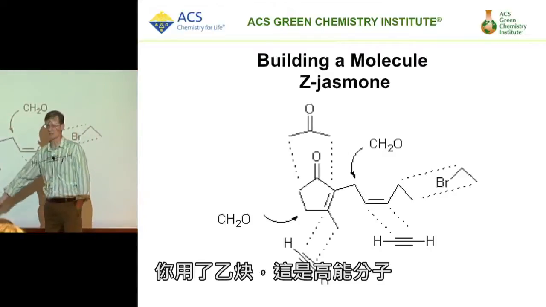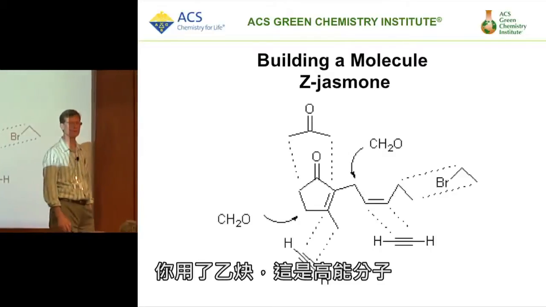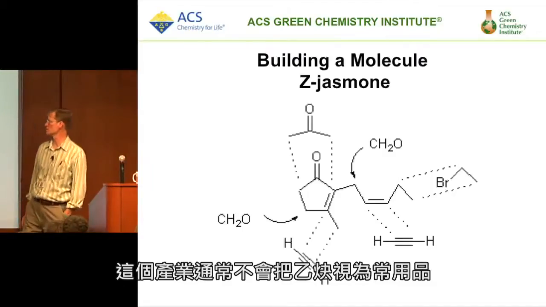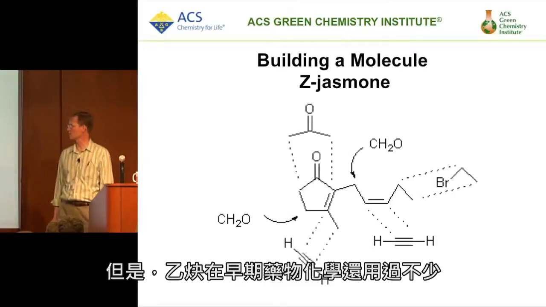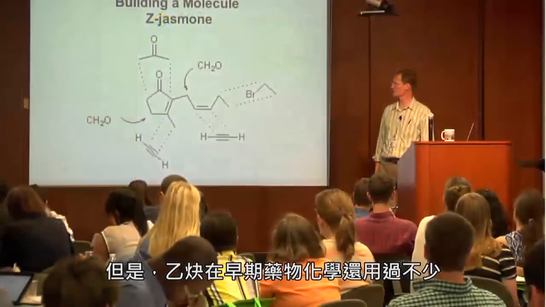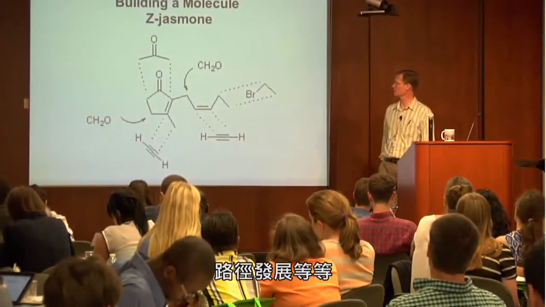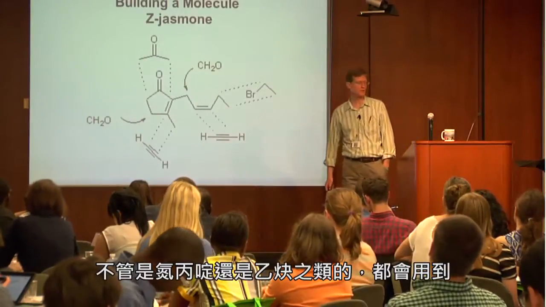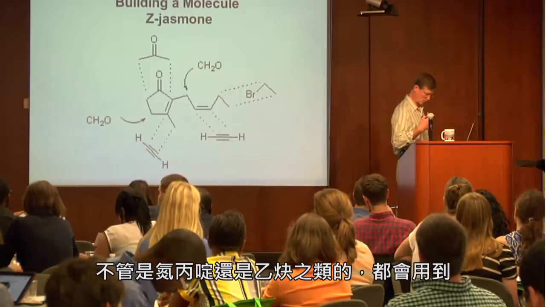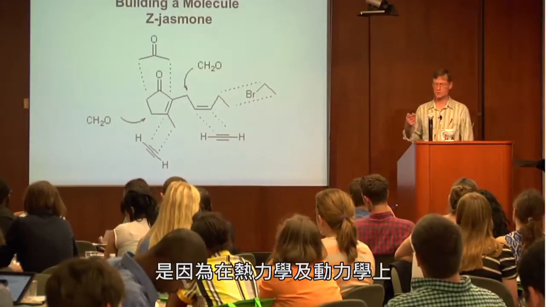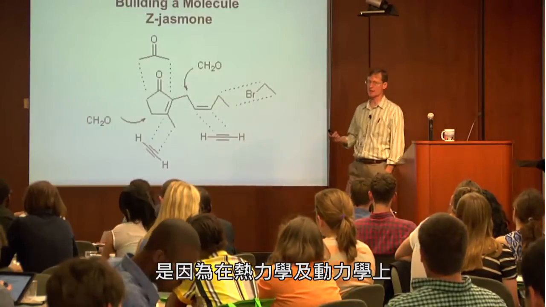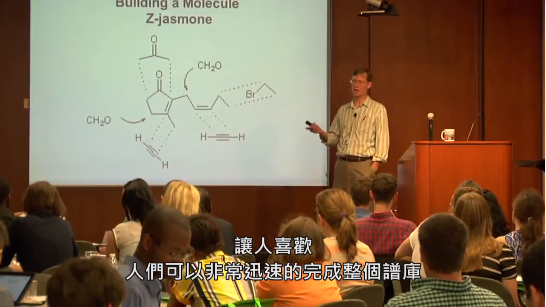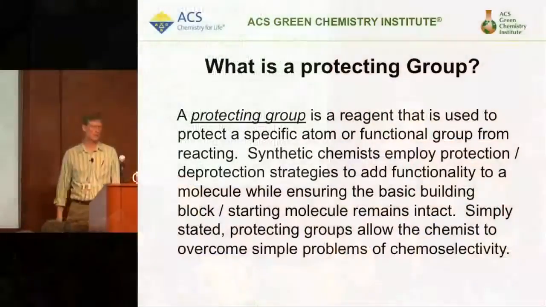You've got acetylenes here, which again are highly energetic molecules, and in this industry are generally not looked upon as something that we like to use, although they're used quite a bit in early medicinal chemistry, route development, and that kind of thing. They're used academically, like I said, both aziridines and acetylenes. Once again, we use these molecules because thermodynamically and kinetically they go, and they go very rapidly, so we like them. We can make whole libraries very quickly.